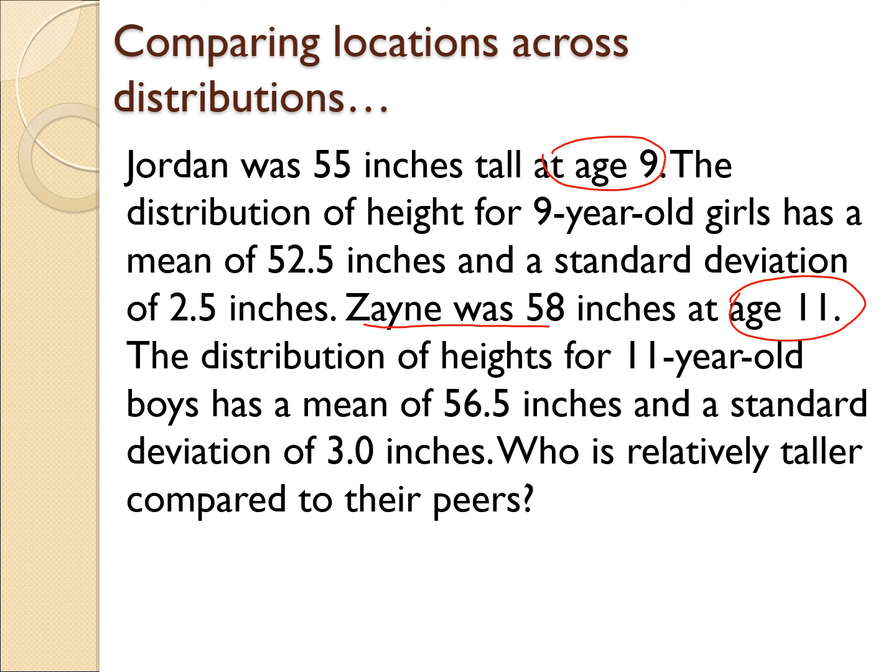But who's relatively taller amongst their peers? For that, we need a bunch of information about their individual distributions. For 9-year-old girls, the mean is 52.5, standard deviation is 2.5. For 11-year-old boys, the mean is 56.5, standard deviation of 3. Who is relatively taller compared to their peers?